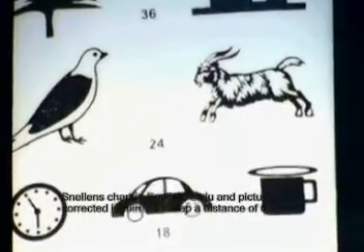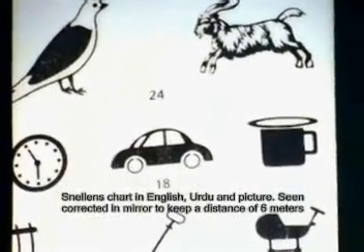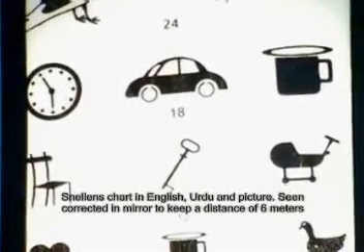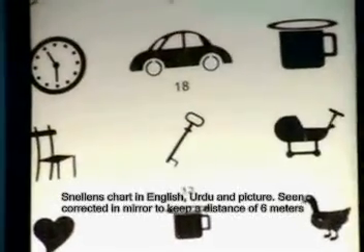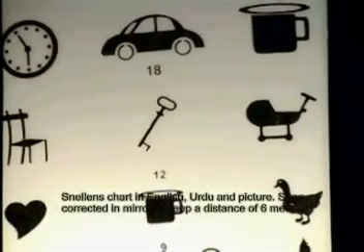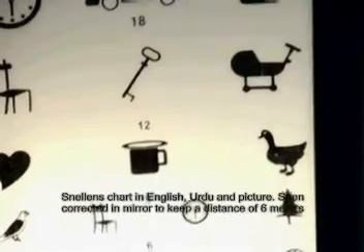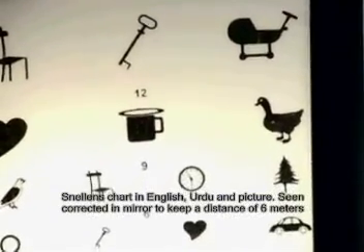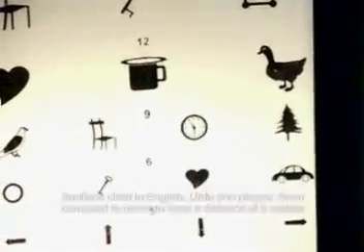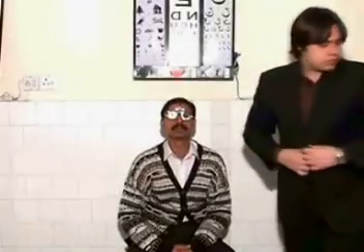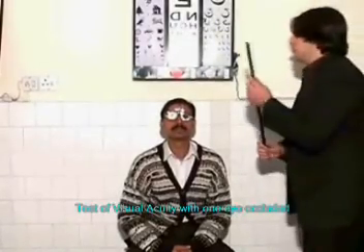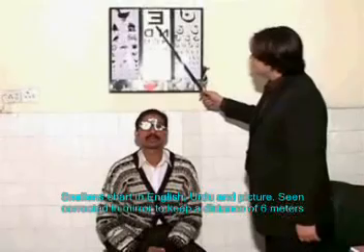The test type is available in English, E-chart for illiterates, and picture presentation for children. The denominator is the distance at which the patient is sitting, and the numerator is the distance at which the test object subtends an angle of 5 minutes of arc. The example is 6 by 6.